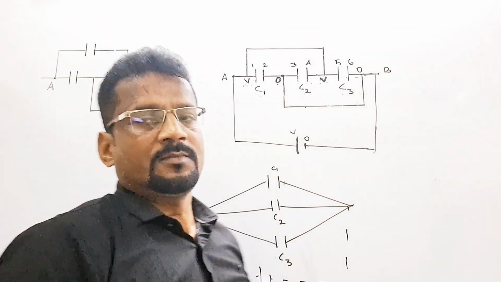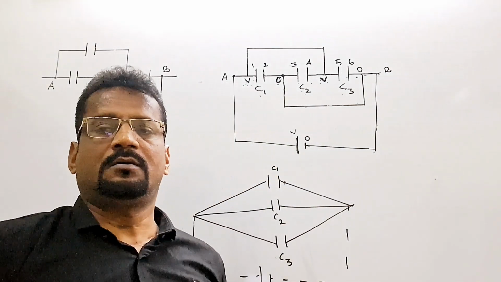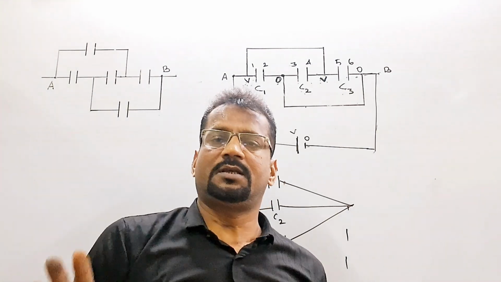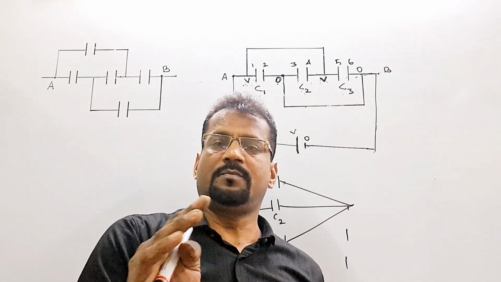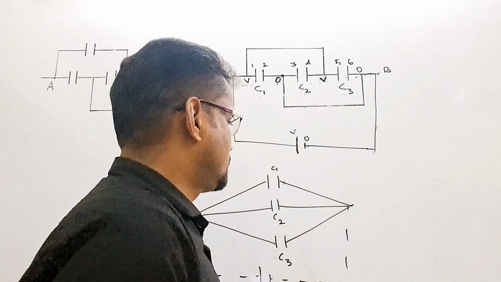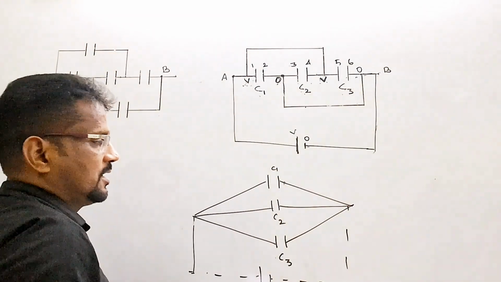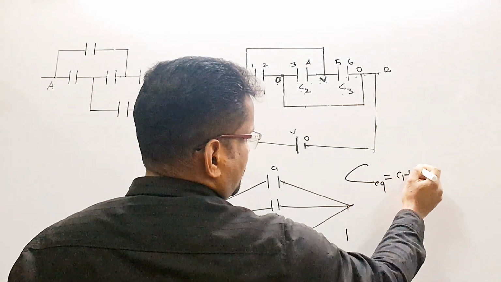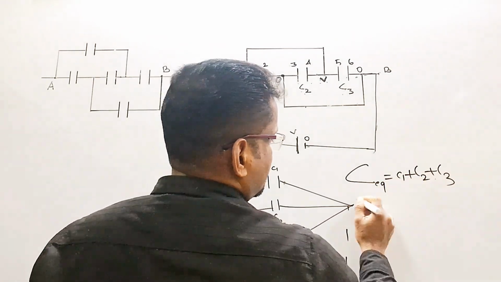And as you know, when three or more capacitors have the same potential difference, they are in parallel connection. That's why it is the case of parallel connection, and C equivalent is equal to C1 plus C2 plus C3. That's it.